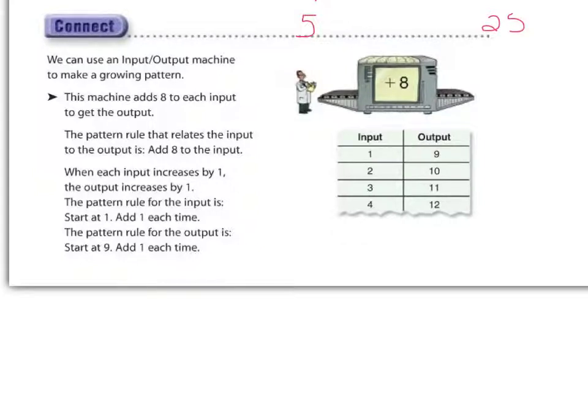Check, that one works. 2 plus 8 is 10. Yep, that one works. 3 plus 8 is 11. 4 plus 8 is 12. That was our input to output rule. So input plus 8 equals our output. That's our input to output rule.